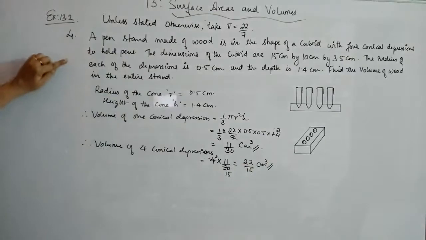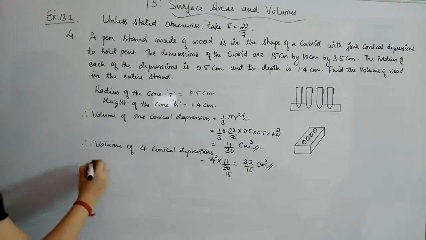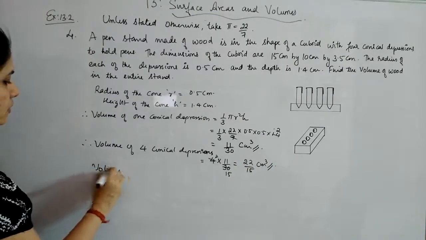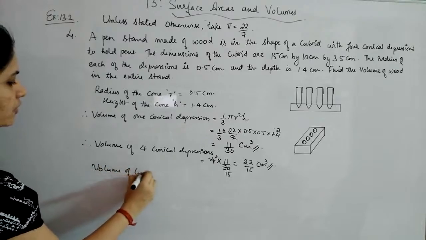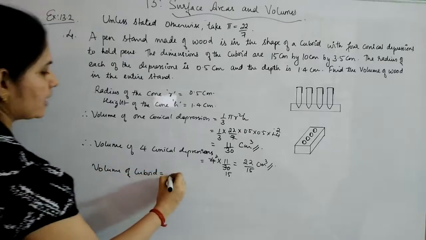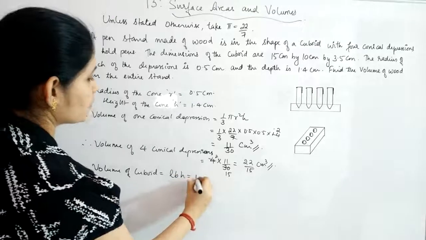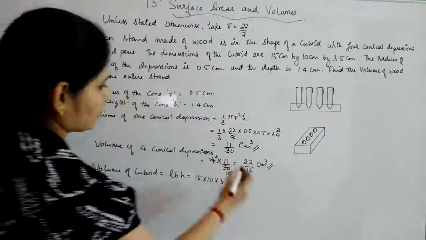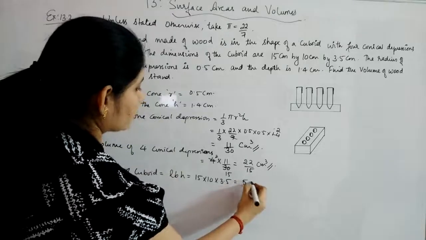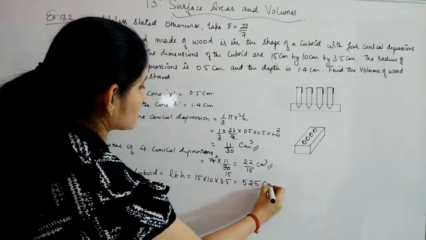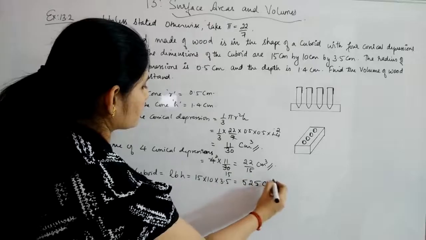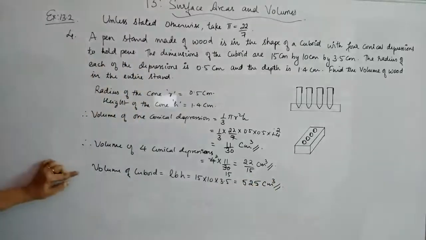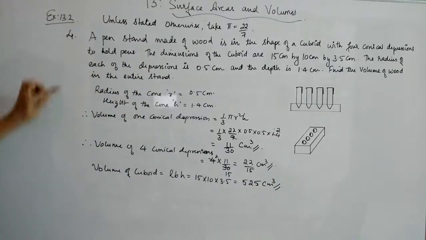Now we will go for the volume of the cuboid. The volume of the cuboid will be LBH, which is given as 15 into 10 into 3.5, which gives you 525 centimeter cube. That is the volume of the cuboid. Now we have to find the total volume of wood in the entire stand.